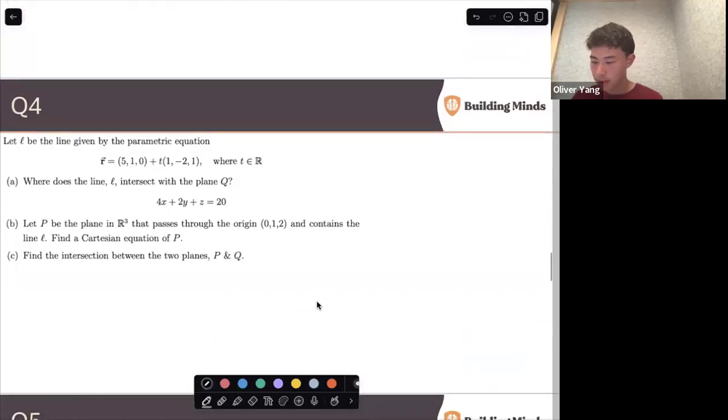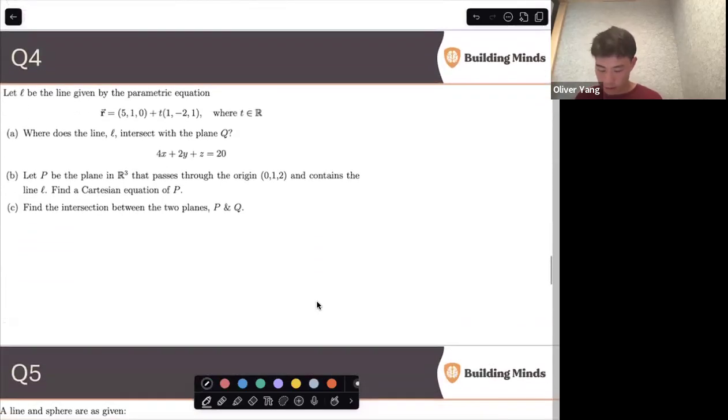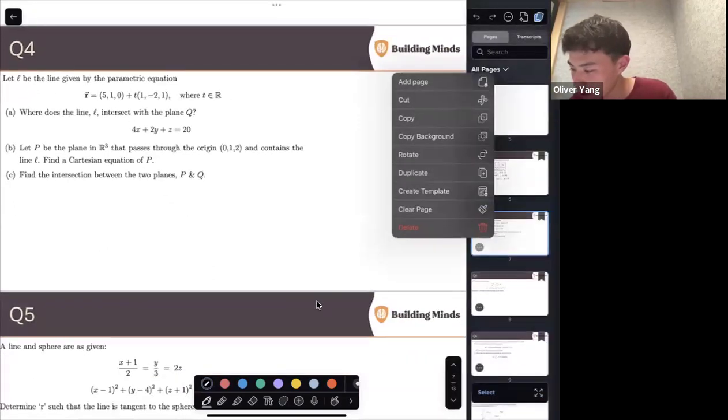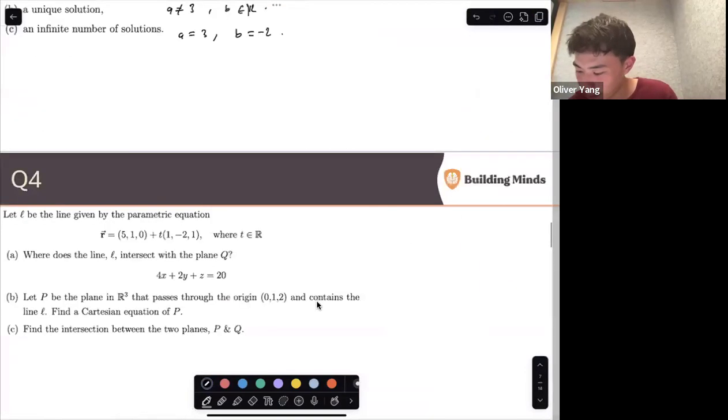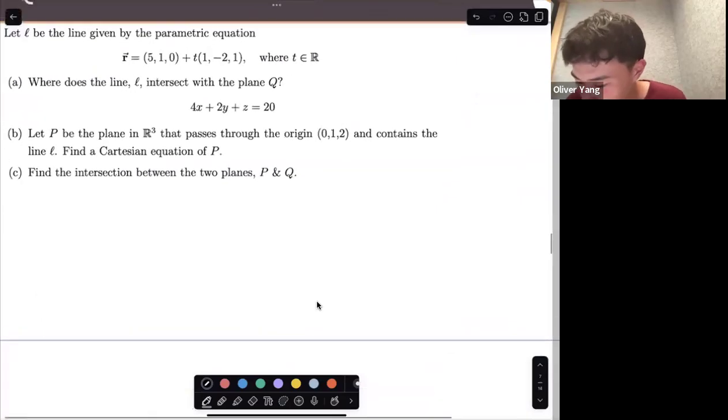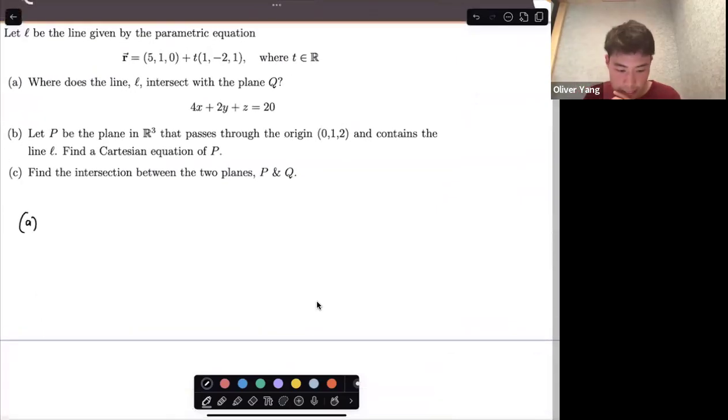Lines and planes. We're given a line in vector equation, and then we've got a plane that it intersects. So I need space for this question. So where does it intersect?